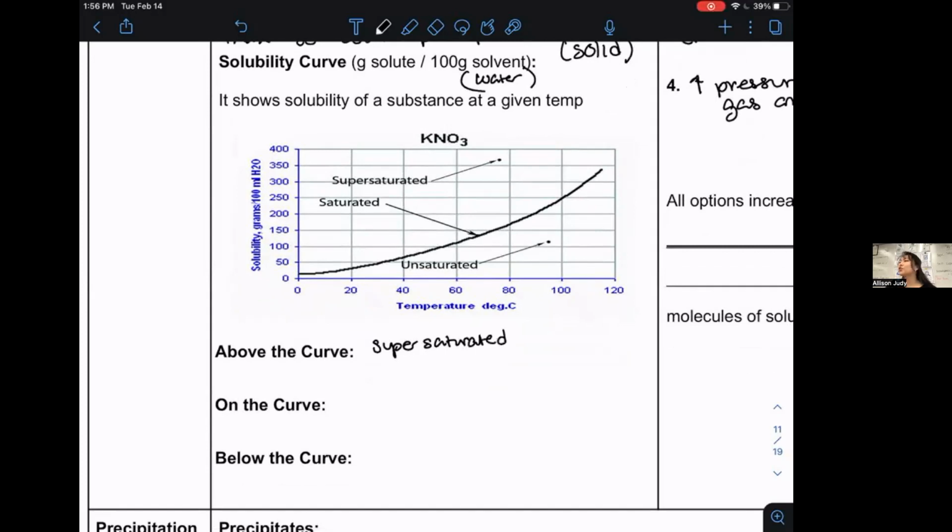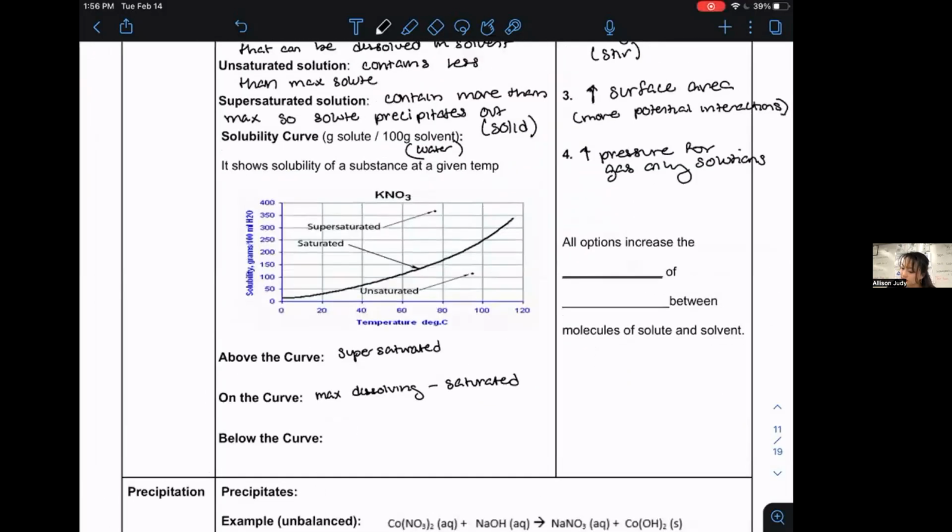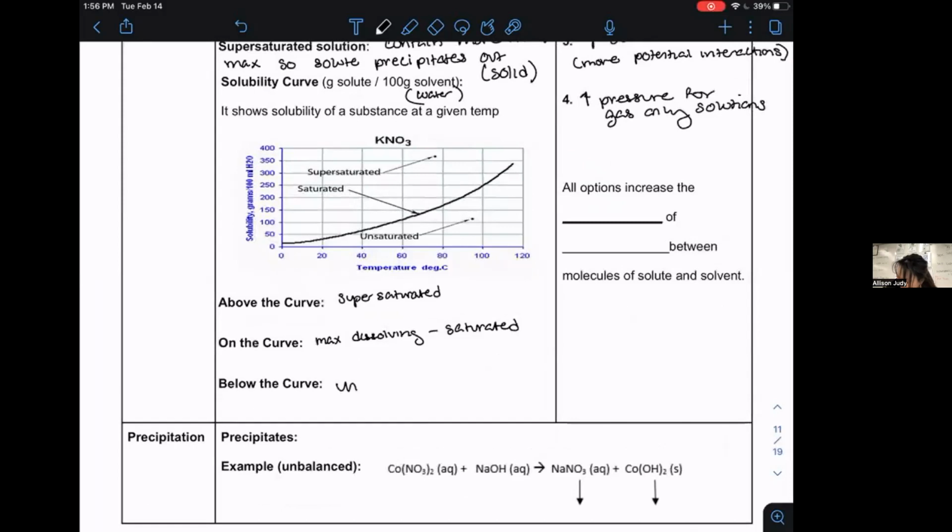You have way too much solute despite being technically soluble. You just maxed it out. If you're on the curve, you're at max dissolving, so we call it saturated levels. And if you're below the curve, you're unsaturated. These are the dream FRQs. Read what's on the curve. Am I saturated or unsaturated? What's the value? These are the dream FRQs.